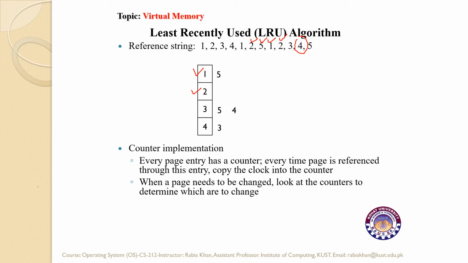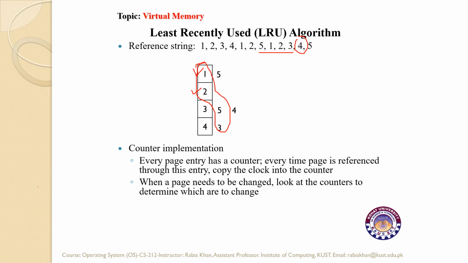Let's develop a look back. Starting from page number 3, the look back is this: 3, 2, 1 and 5, and we compare the pages in the frames with the pages in this look back. This is the frame structure.